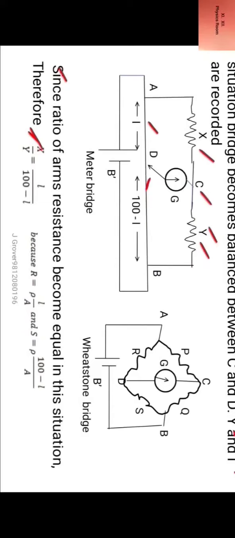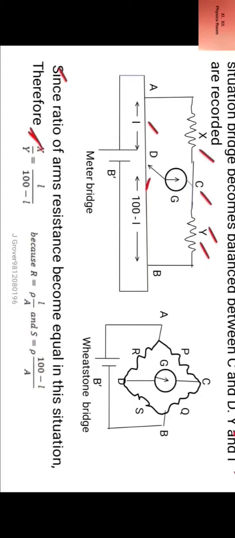So in place of R we write L, in place of S we write 100 minus L. Other parameters get cancelled while taking the ratio as P by Q equal to R by S. So in R by S, rho by A on both sides will cancel. So we are left with L over 100 minus L.